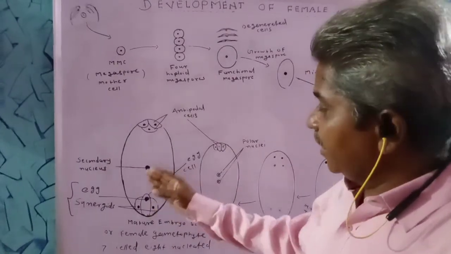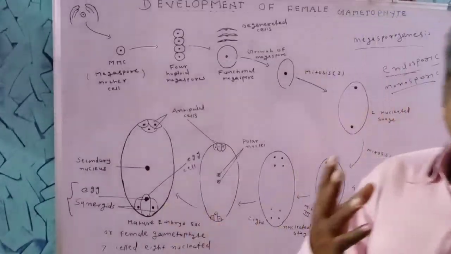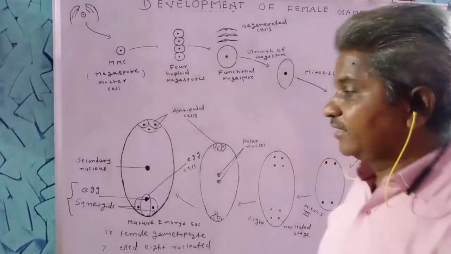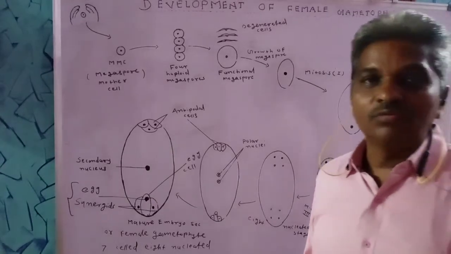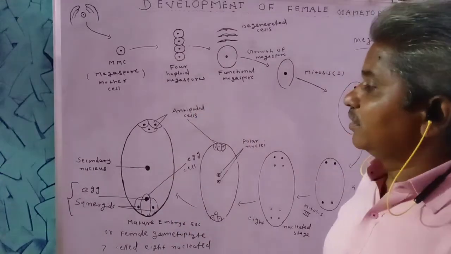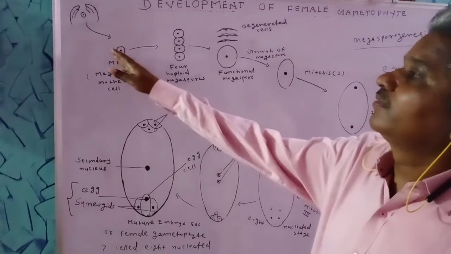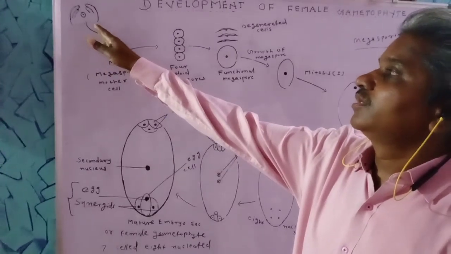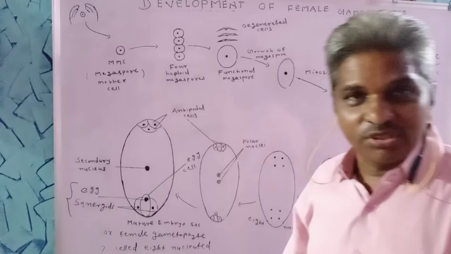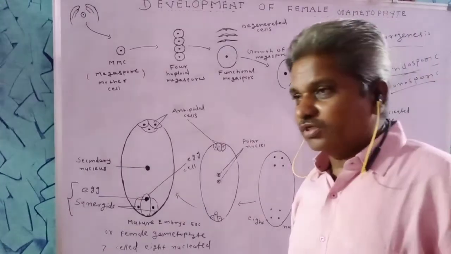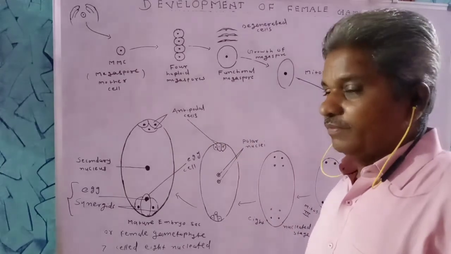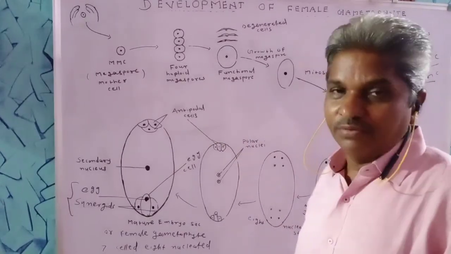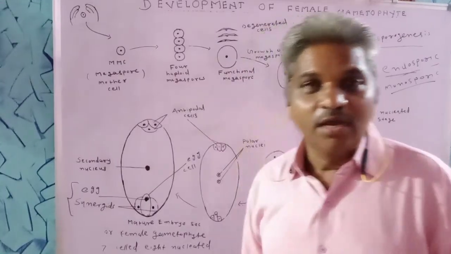These egg and secondary nucleus are involved in the fertilization process, which in angiosperms is called double fertilization. It occurs in the ovule after the development of the male and female gametophytes respectively. So this is the whole development of the female gametophyte or embryo sac.